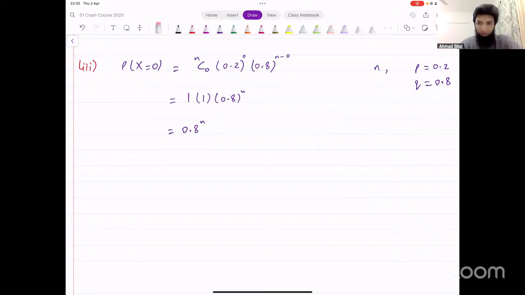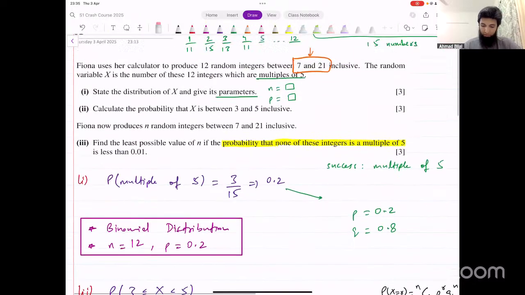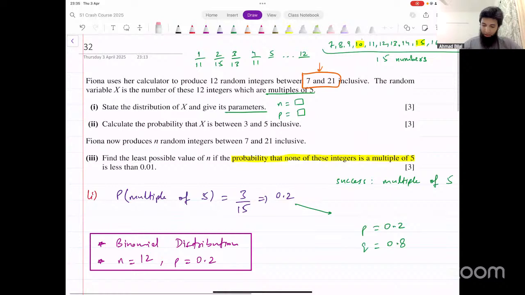Now, they are saying that this probability is less than 0.01.